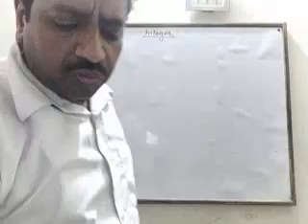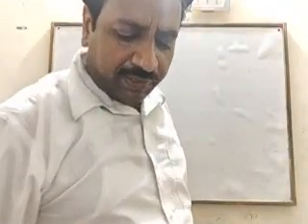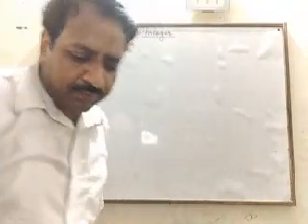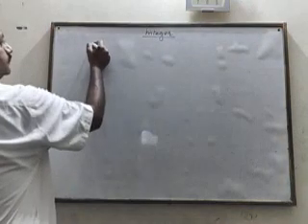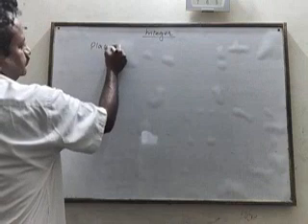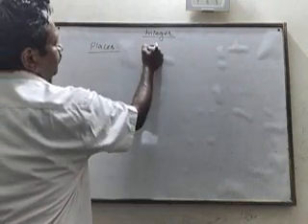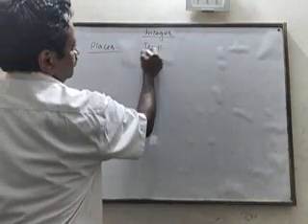Next, one more question for mental exercise. Places are given and temperatures are given, and we need to represent these temperatures on the number line.